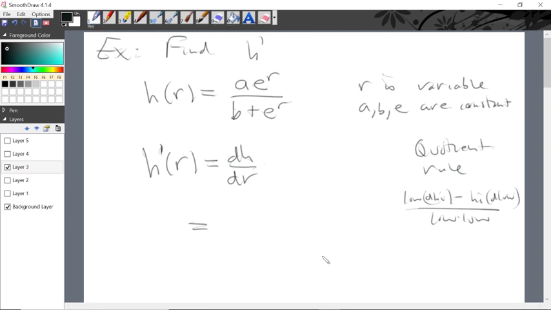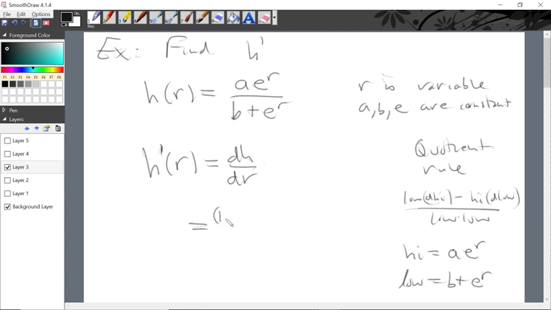In this case, the high function is equal to the output a e to the r, and the low function is b plus e to the r. So let's apply the quotient rule.